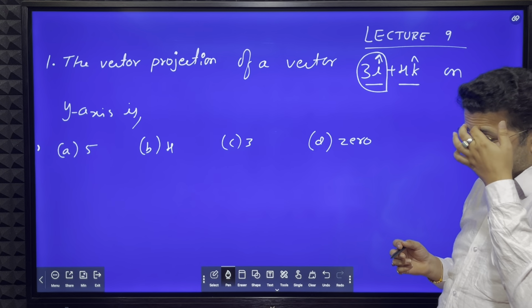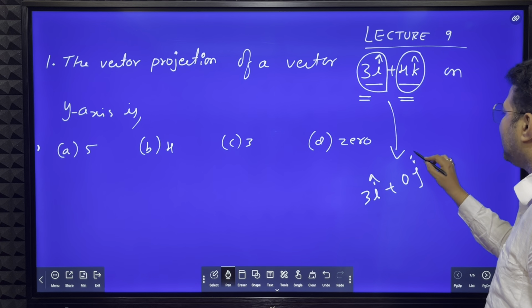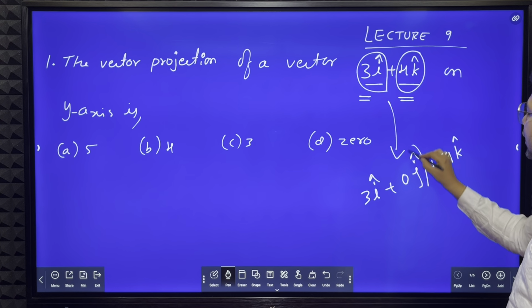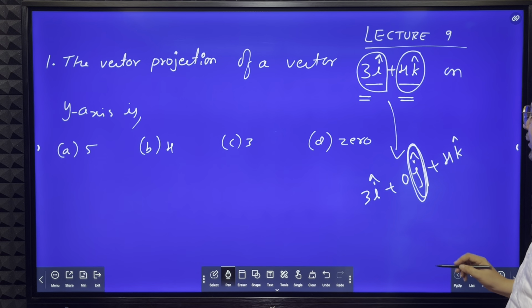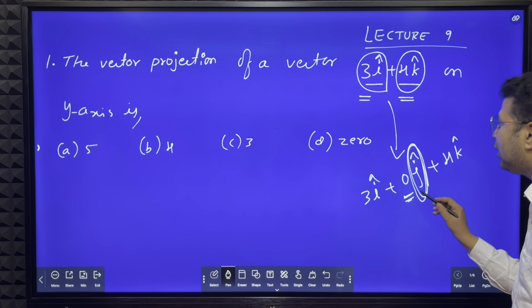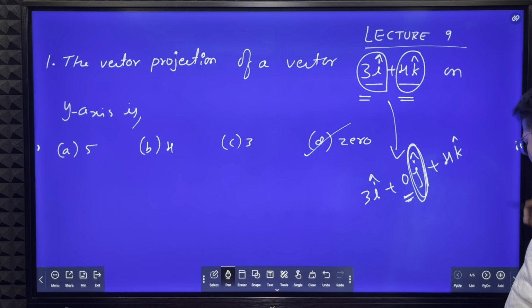This can be written as 3i cap plus 0 j cap plus 4k cap. What is j cap? J cap is a unit vector along y axis. Therefore, what is the projection of this vector along y axis? The projection is 0. Simple question, right?